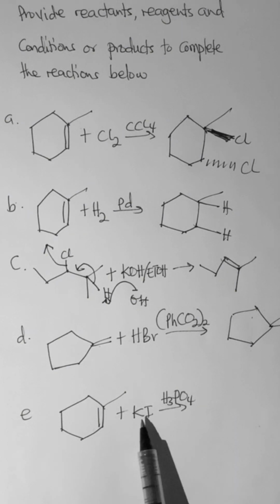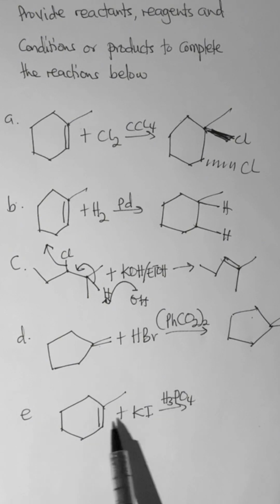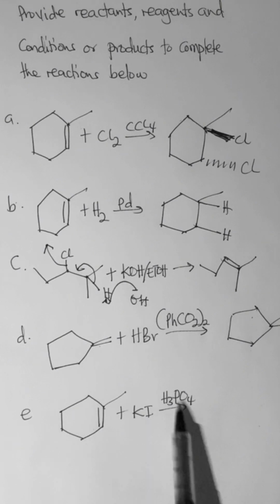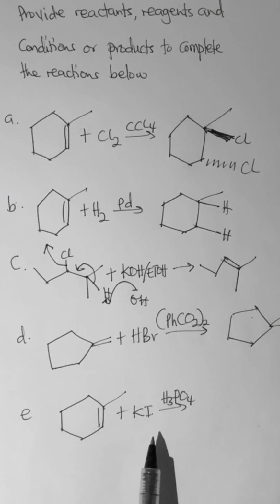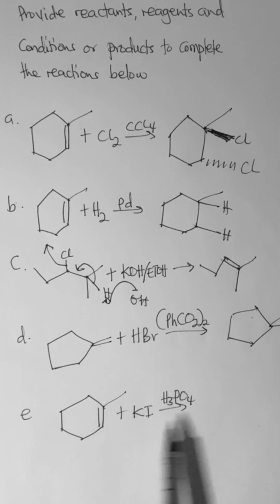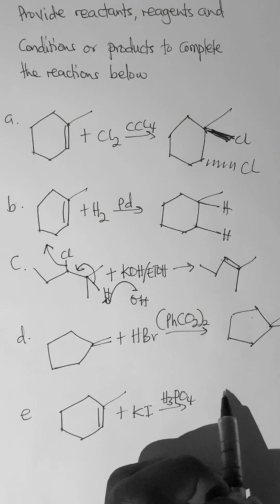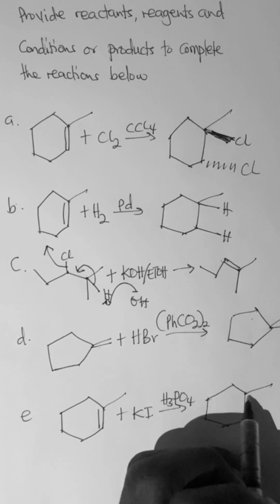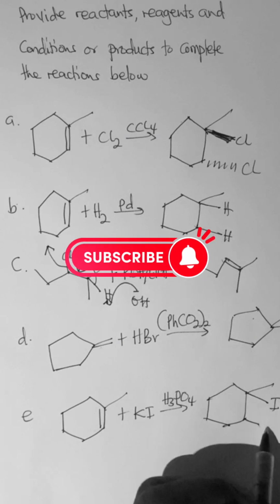But then you need to use HI. But this HI is generated in situ in the reaction together with the phosphoric acid. So at the end of the day, it is also going to obey Markovnikov's addition, and therefore this will be the product that will be formed. So there is an iodine here, and then there is a proton here.